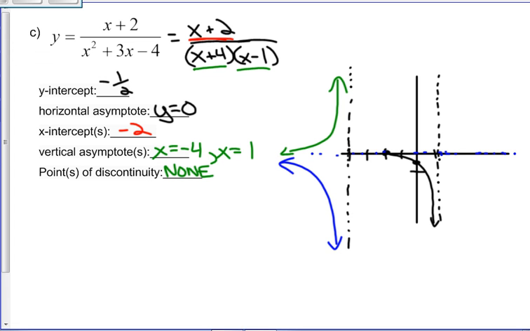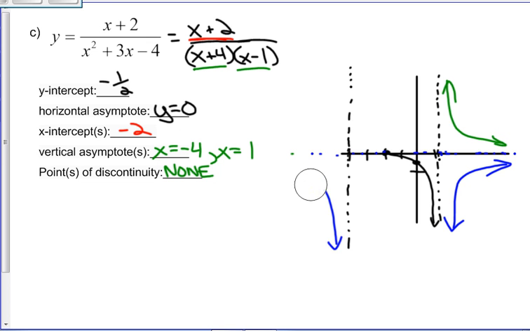And in terms of the far right, I have no idea whether it's this or this. So we really don't have enough information. When we're stuck, like I said before, the best thing we can do is get a test point and figure out what's happening. So I would really like to know what is going on at -3.